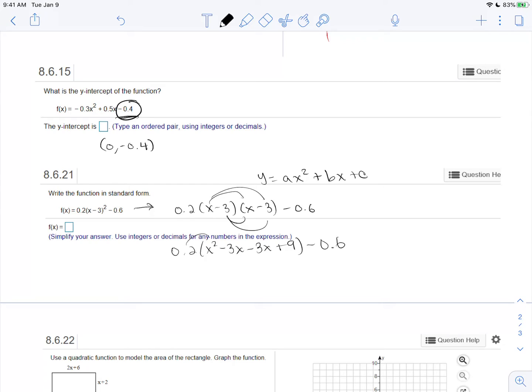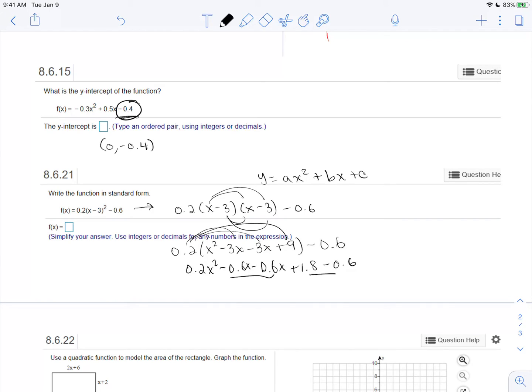Now I'm going to distribute this 0.2 through to everything. So I get 0.2x squared minus 0.6x, then 0.2 times 9 plus 1.8 minus 0.6, right?